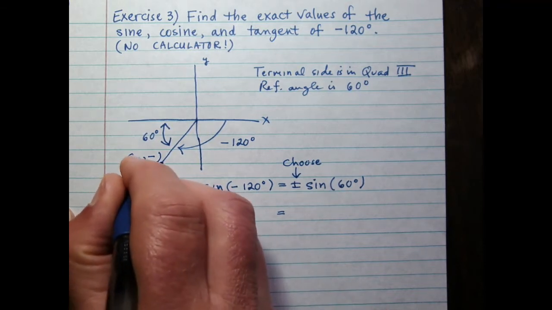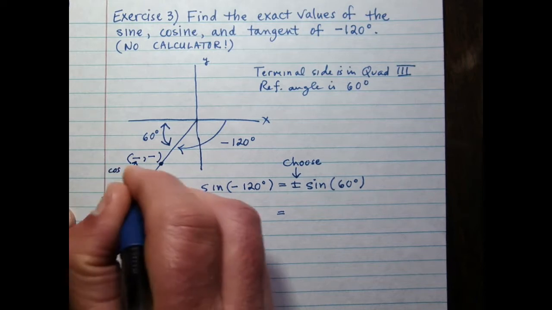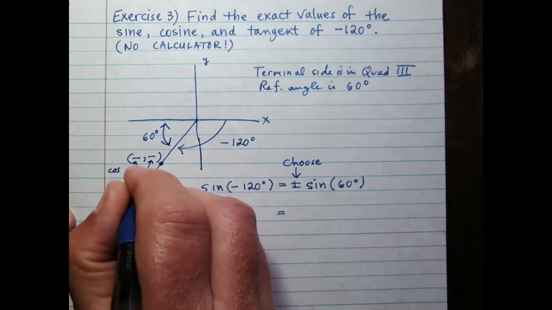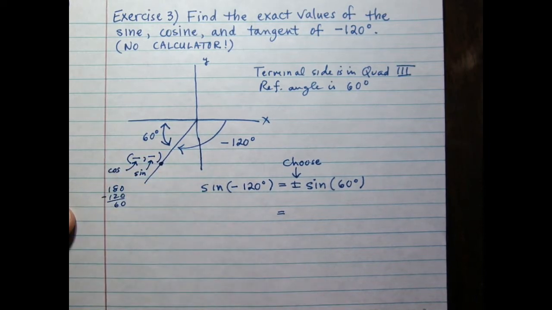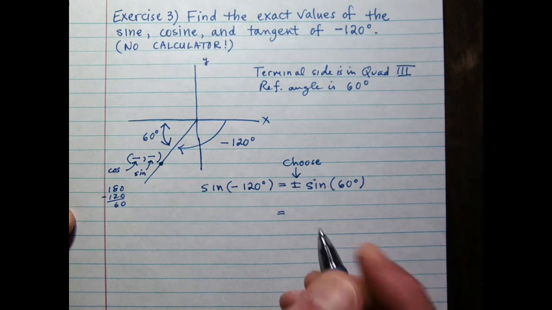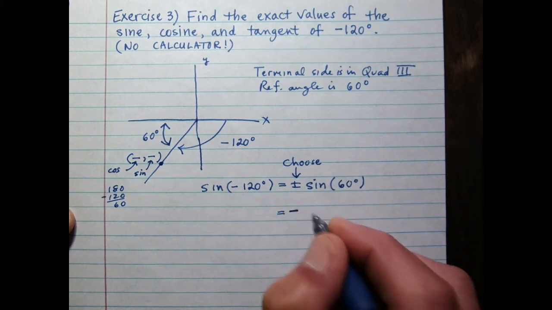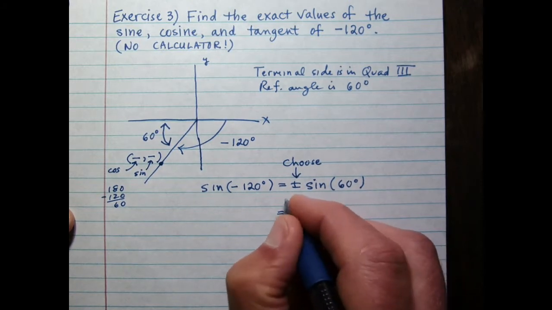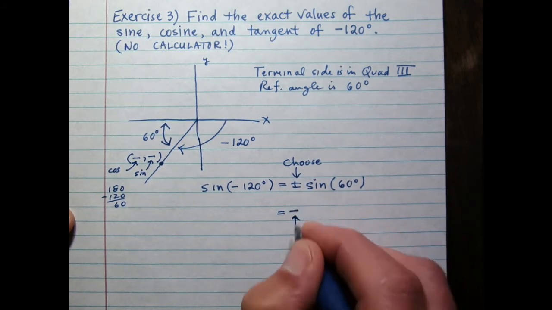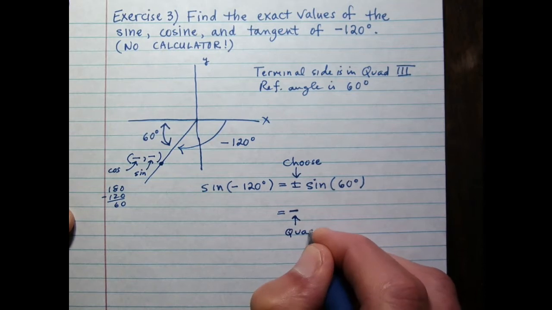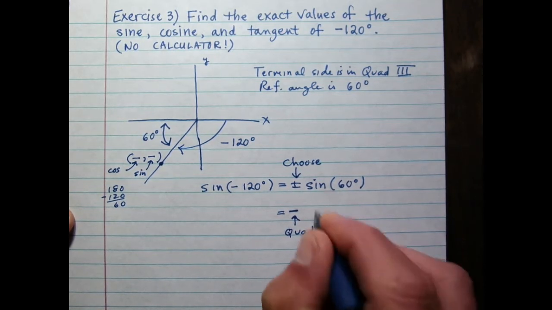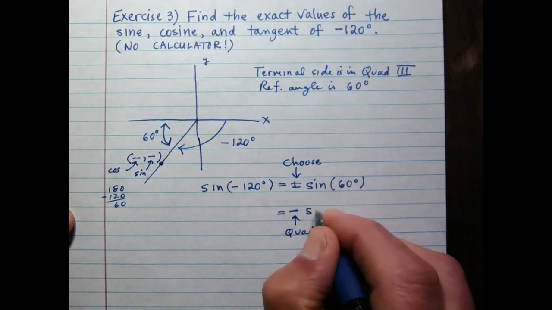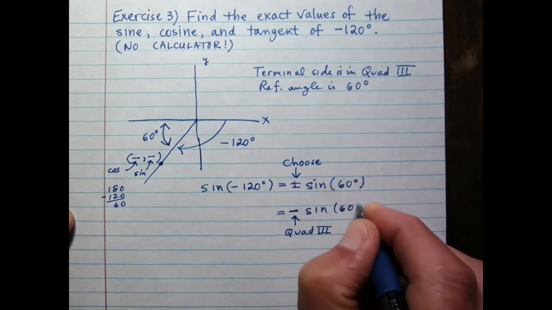Remember, the x tells us about cosine, the y tells us about sine. We won't get it mixed up here because they're both negative. But that negative y tells me, because of quadrant 3, that sine will be negative. So I take minus sine of 60 degrees.